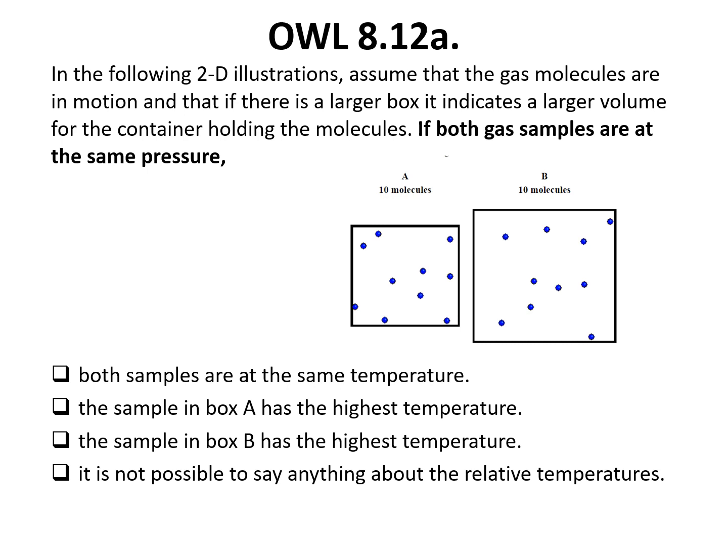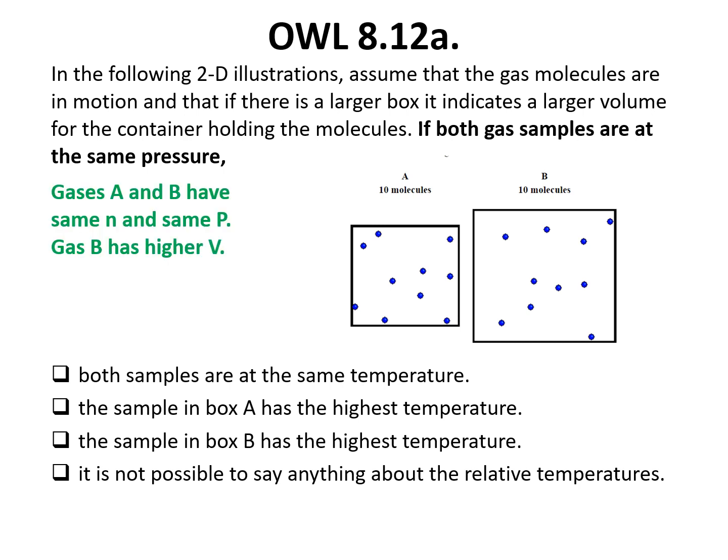No, they're not. If they were, they would have the same volume. Temperature will affect volume. Between box A and box B, which one has the higher temperature? Definitely going to be box B because we have a higher volume in box B, so therefore the sample in box B has the higher temperature.